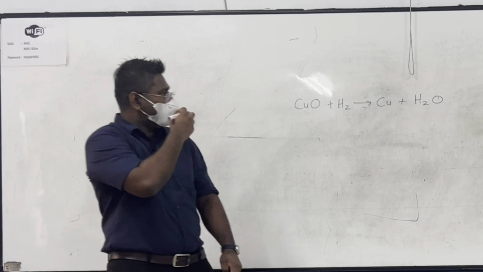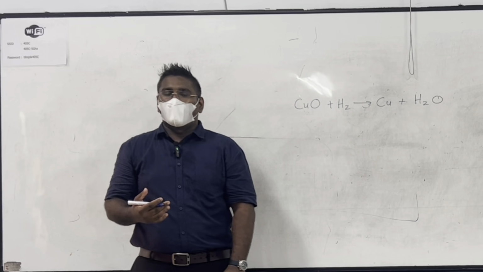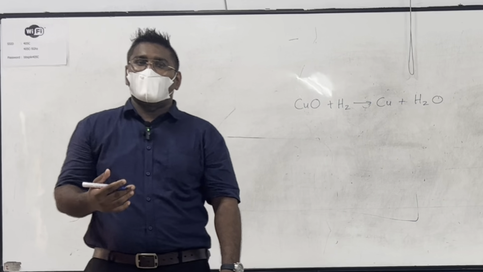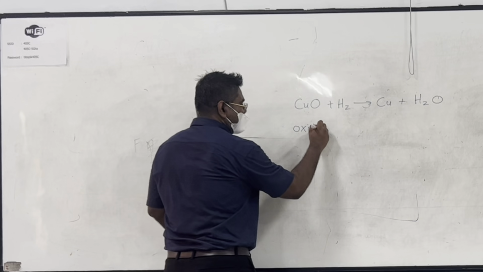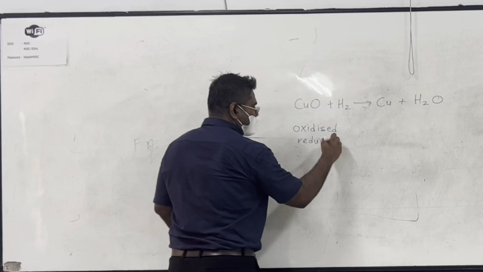Now, with this reaction, we want to find out whether it's a redox reaction. First of all, we need to find out, is there anything that is being oxidized or not? Is there anything that is being reduced or not?